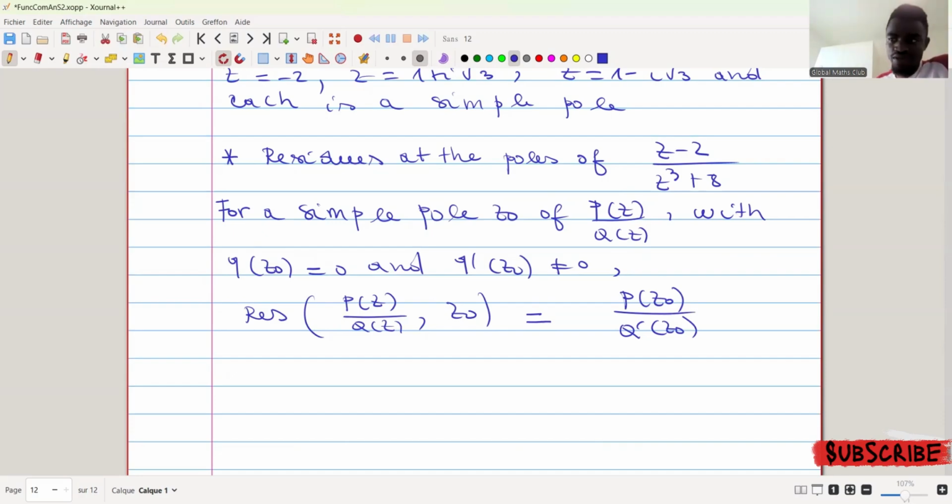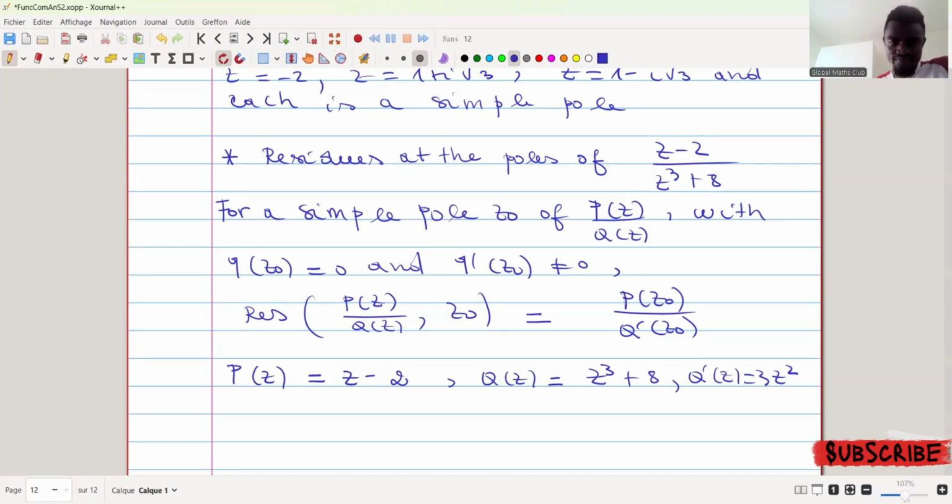Now, what do we know? We know that our P is z minus 2. Our Q is this one, so the derivative is 3z squared.